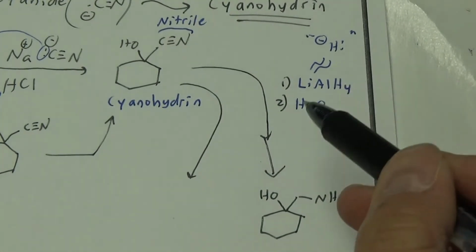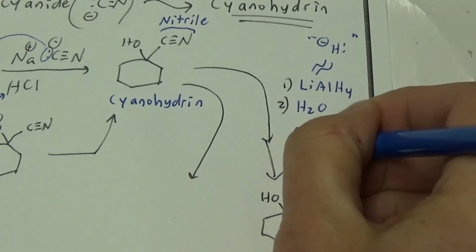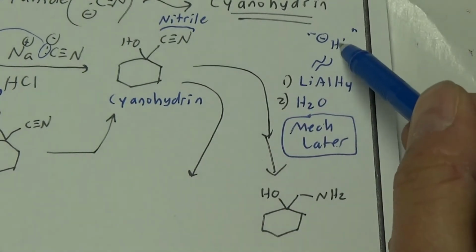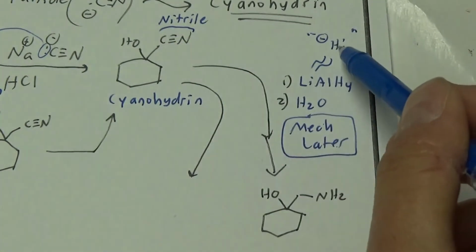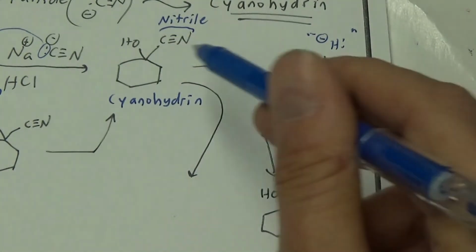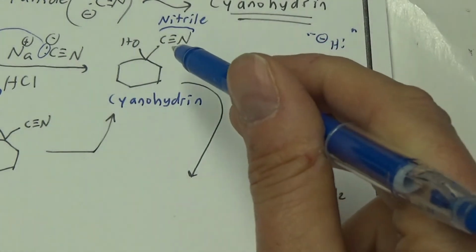So mechanism later. But you can imagine it's actually a very simple mechanism. H minus attacks, and then it actually just attacks again. So it attacks once, it attacks twice, and then you give some protons, and you're done. And so that'll be a fun way to make amines from a nitrile. Okay.